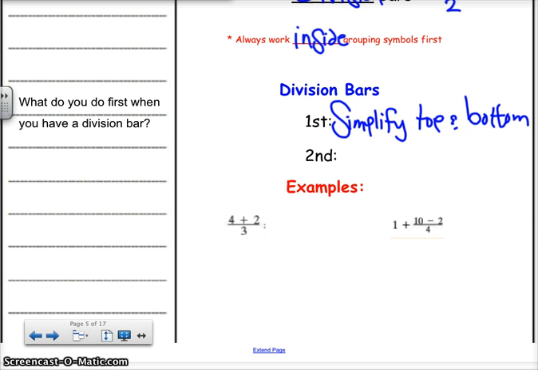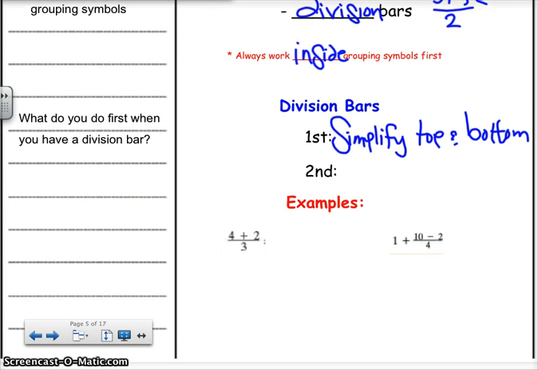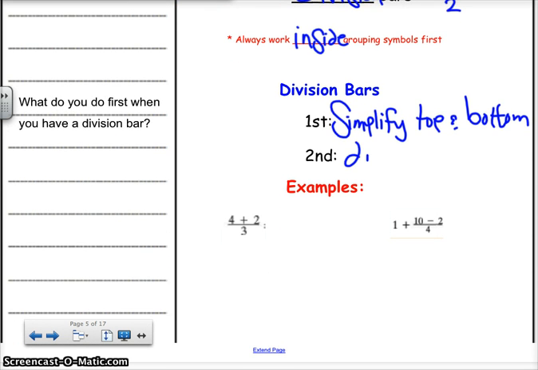Simplify just means figure out the answer. So for this example up here, I would simplify 3 plus 5 first. That's what I mean by that. And then lastly, you will divide, if you can. Sometimes you can't.